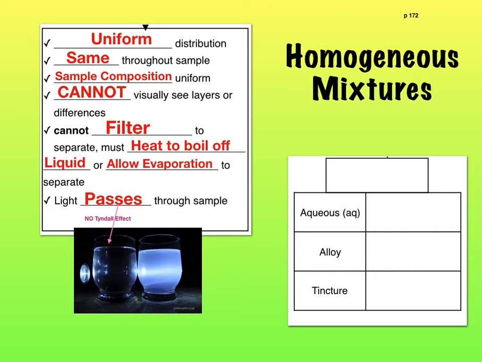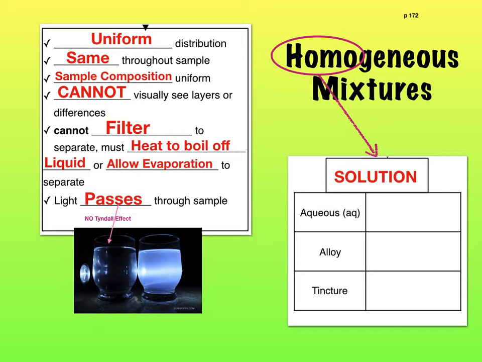So homogeneous mixtures, HOMO, if a sample is described as being a homogeneous mixture, you need to learn this vocab word. If it's described as a solution, it is automatically a homogeneous mixture. So all solutions are homogeneous, uniform distribution. Three major categories of homogeneous mixtures: aqueous, alloy, tincture.